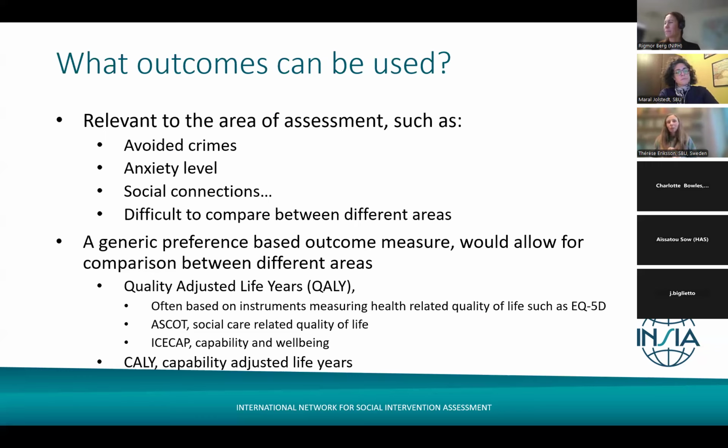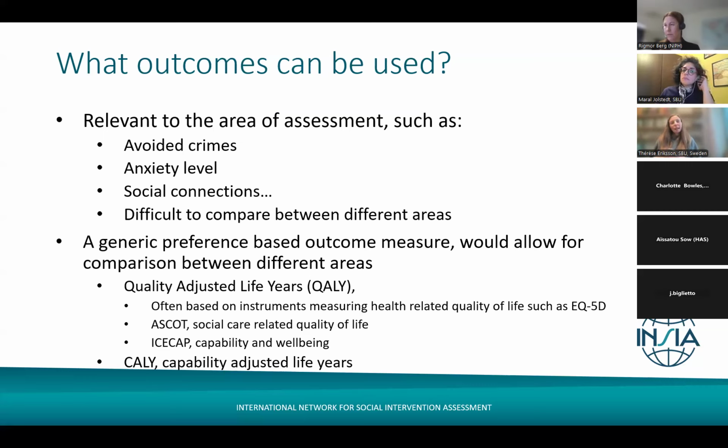It could be avoided crimes, it could be anxiety level changes or social connections. But when you use area specific outcome measurements, it can be very difficult to compare between different areas. Therefore, we prefer more generic preference-based outcome measures that allow for comparison between different areas.